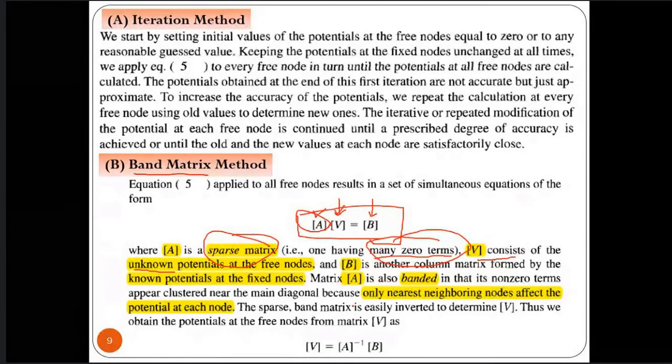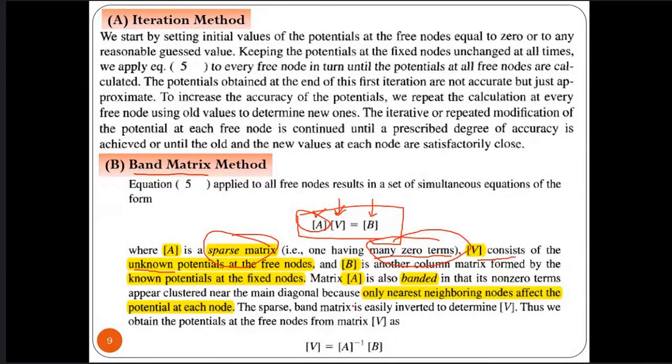And why is this type of band matrix formed? The potential of any unknown free node only depends on the potential of the neighboring nodes which are directly connected with the corresponding free node. That's why this type of sparse matrix forms a band of non-zero terms.